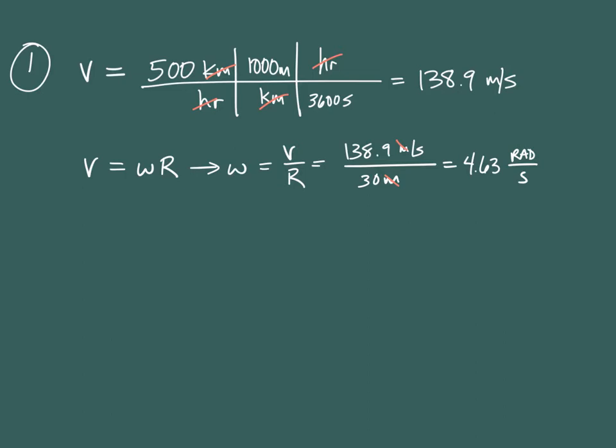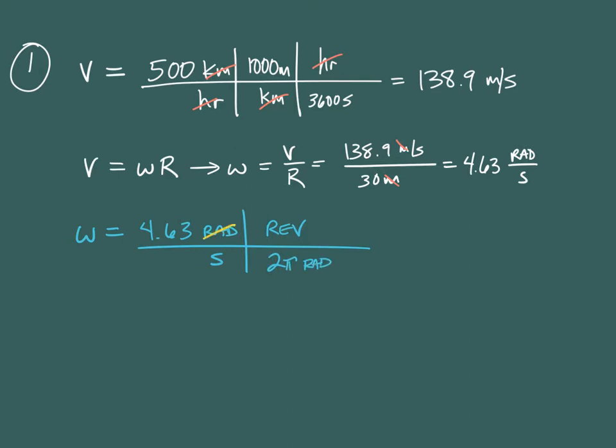So we have this omega. Yay. So I'm going to do the same thing I started with. Now that I have an omega that's in radians per second, I need to convert it to revolutions per second. So I'm going to have 4.63 radians per second. I'm going to use this conversion chart thing. And I know that every revolution, a complete trip around the circular path, would have 2 pi radians.